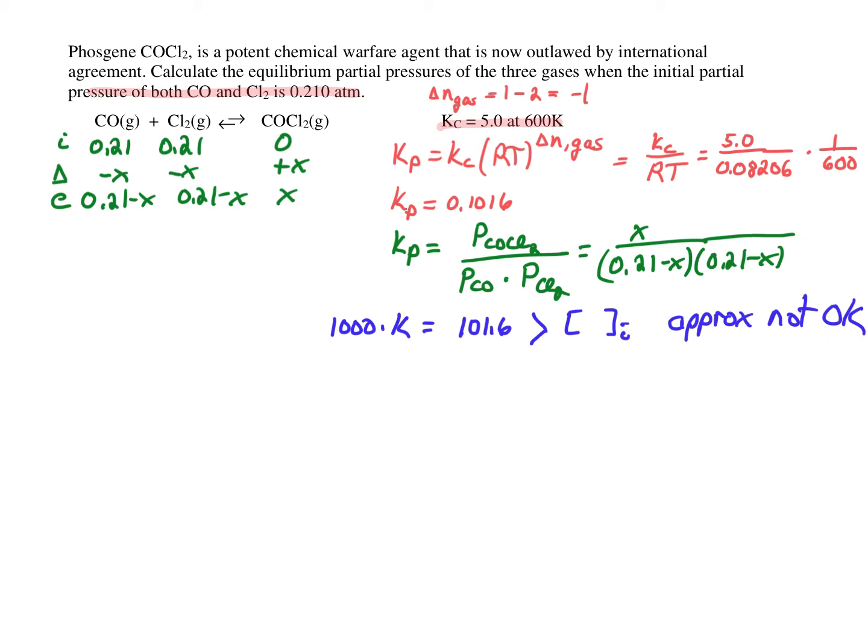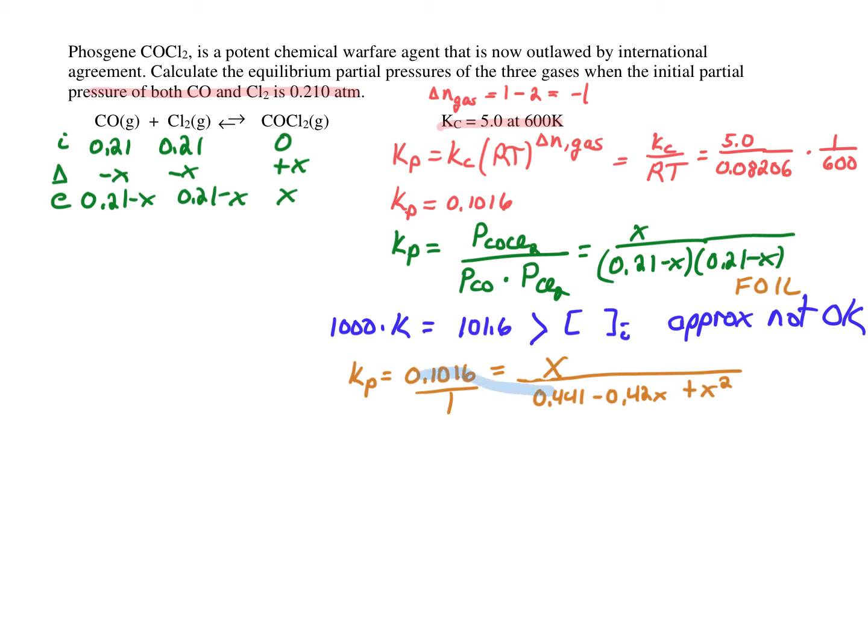To solve for x, we first have to multiply out this binomial. To obtain this binomial, we use FOIL, multiplying the first terms together, the outer and inner terms together, summing to this, and then the last terms end up being x squared. Okay, we want to continue on, so we're going to use the strategy here of cross-multiplying.